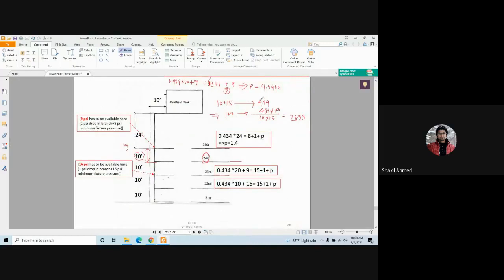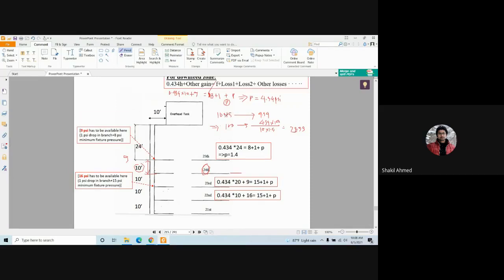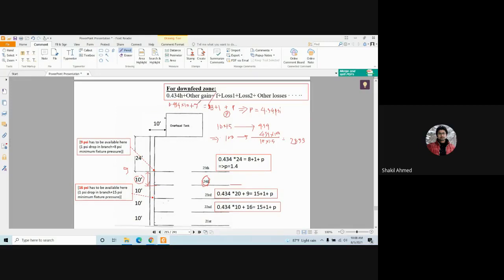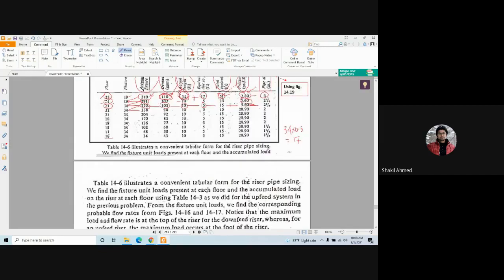For 4.34, we calculated it, and this is 10 feet length. We have to increase it by 50%. So we have the other gain and 8 plus 1. Fine. So you can see 28.93.